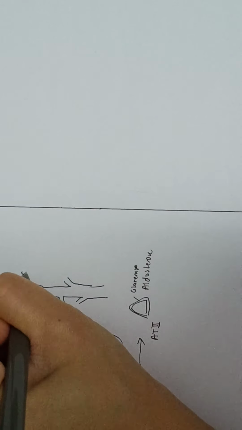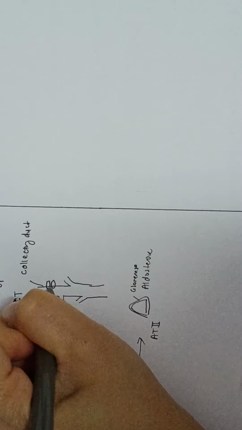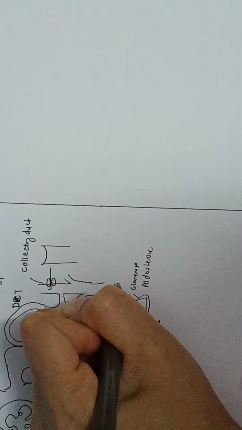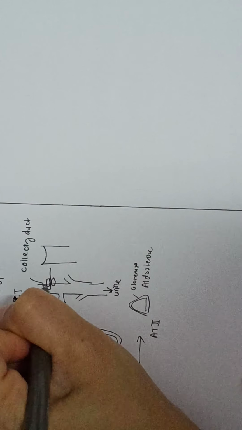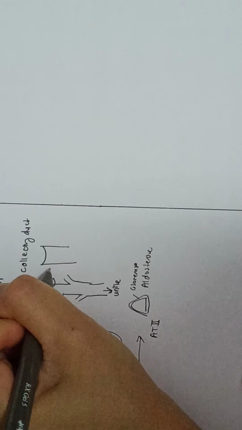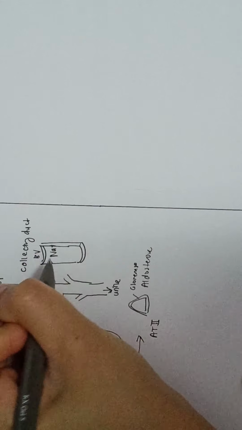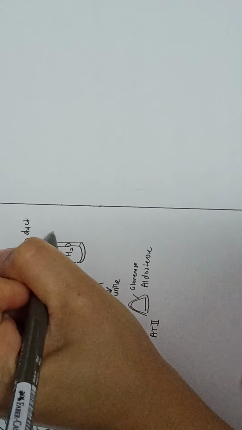What aldosterone does is act on the distal convoluted tubules and also the collecting duct. It pumps the sodium into the blood vessels, so what is left will become urine. The sodium inside the collecting ducts will be transported into the blood vessels, and the sodium together with the water will be reabsorbed.